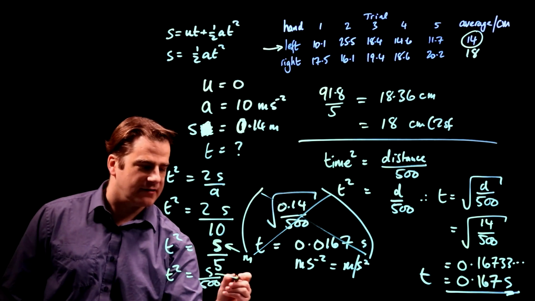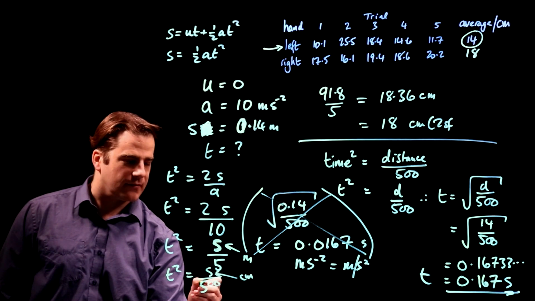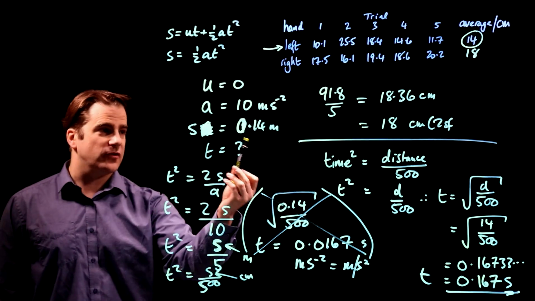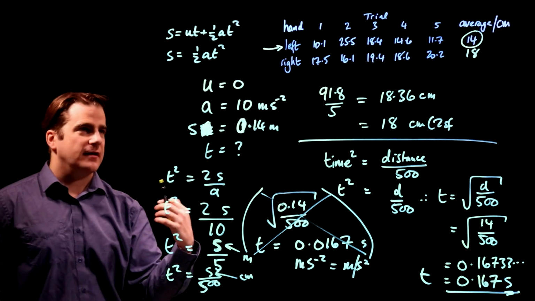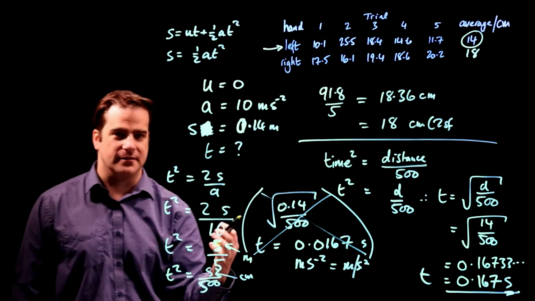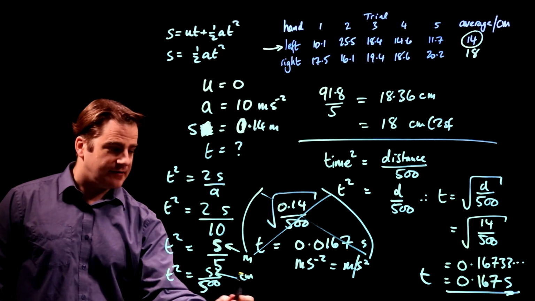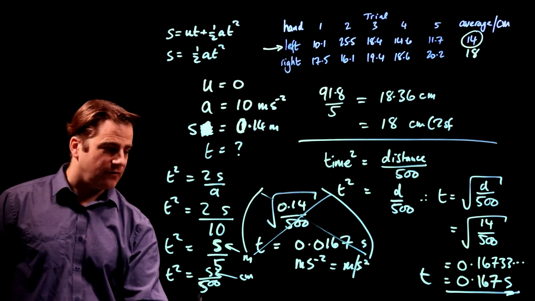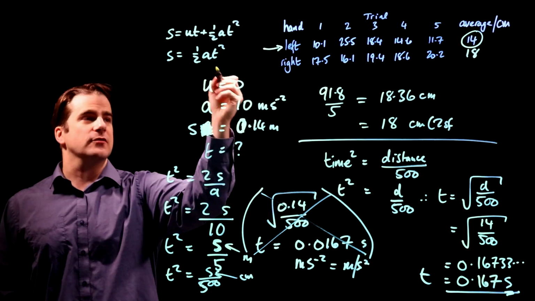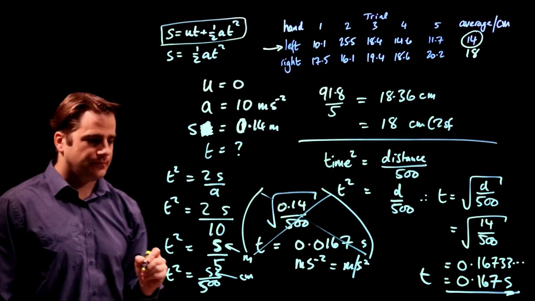Because if S is in centimeters, then the number is a factor of 100 times larger. 14 centimeters is 100 times larger as a number than 0.14 meters, even though it's the same distance. So in centimeters, it's t squared is S over 500. In meters, it's S over 5. It just comes from SUVAT, okay?